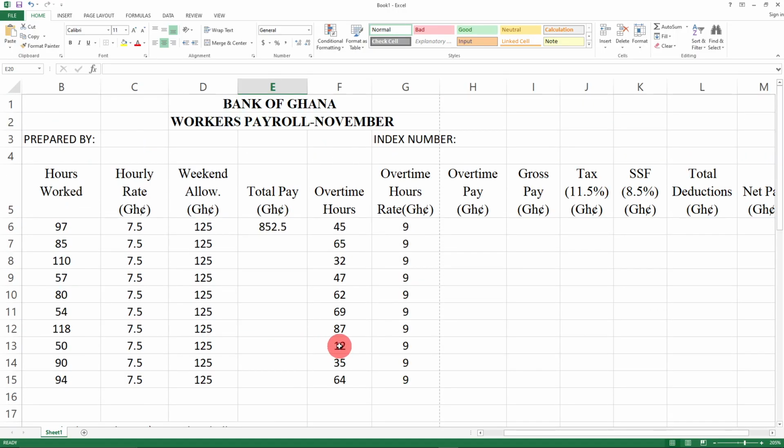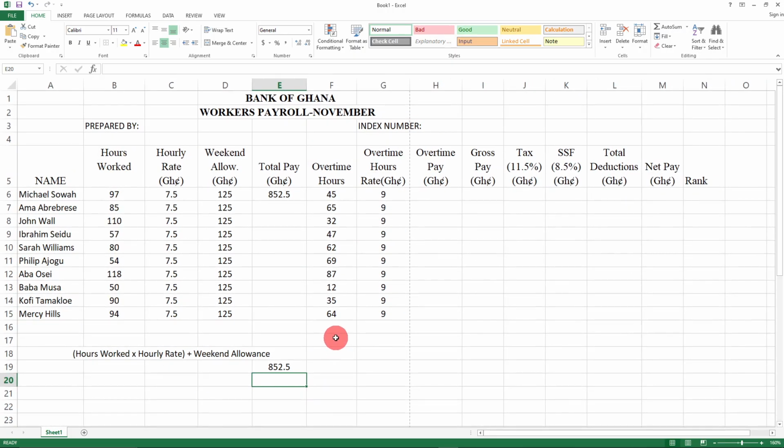Okay, so this one, we are not going to use the two formulas. So you see, one thing is that in exams, you can use your calculator to do it and type it here. But if I'm marking your work and I click on it and I don't see any formula here, I will just assume that you asked someone and the person told you it is 852.5 and then you entered it.